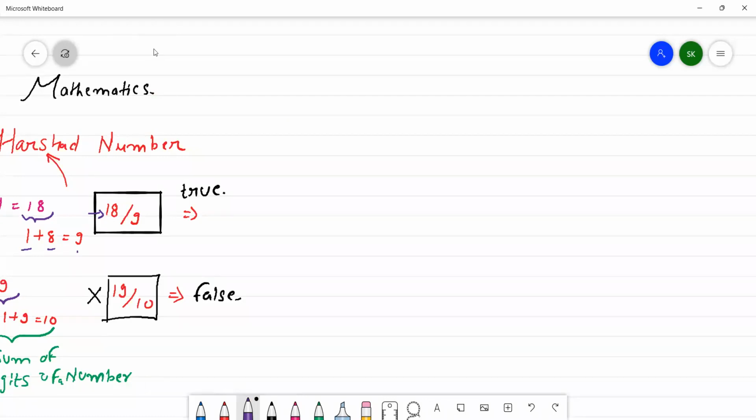Write your solution in your copy or whatever system, just click the picture of it and send it in the Telegram group. So I will wait for 5 to 10 minutes for you all to write the program and send it on the Telegram group. Is my statement clear? Okay, great.